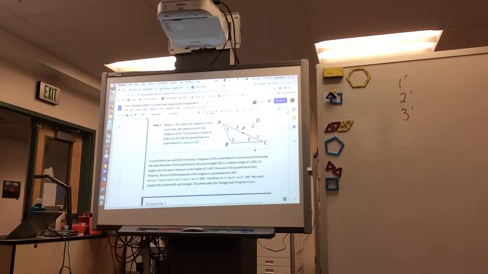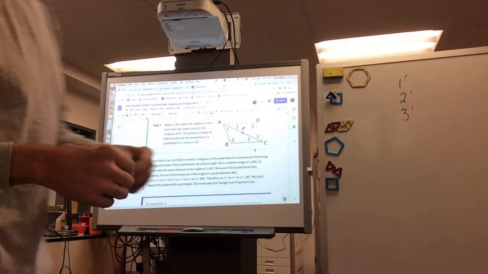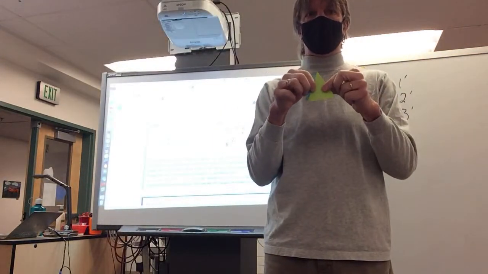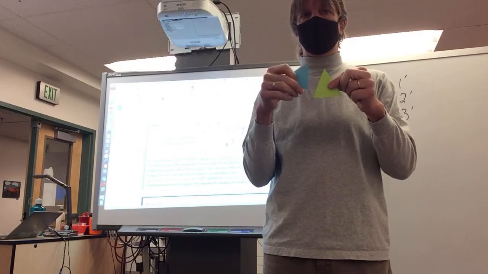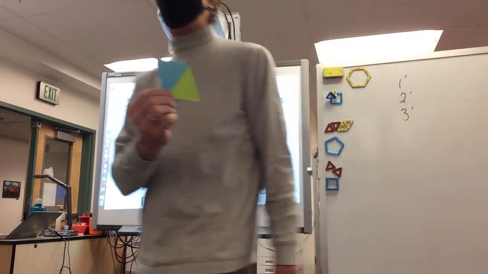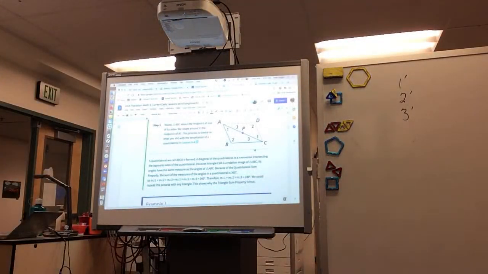And if I rotate this, 1 is not next to 1 prime, is it? No, because you're rotating, you're moving it away. So if you begin with your triangles sitting right on top of one another, and you separate them, and then rotate one of them so that you turn this into a parallelogram, you should be able to label your corresponding angles. Once you have that and you think you have them right, glue it into your notebook.